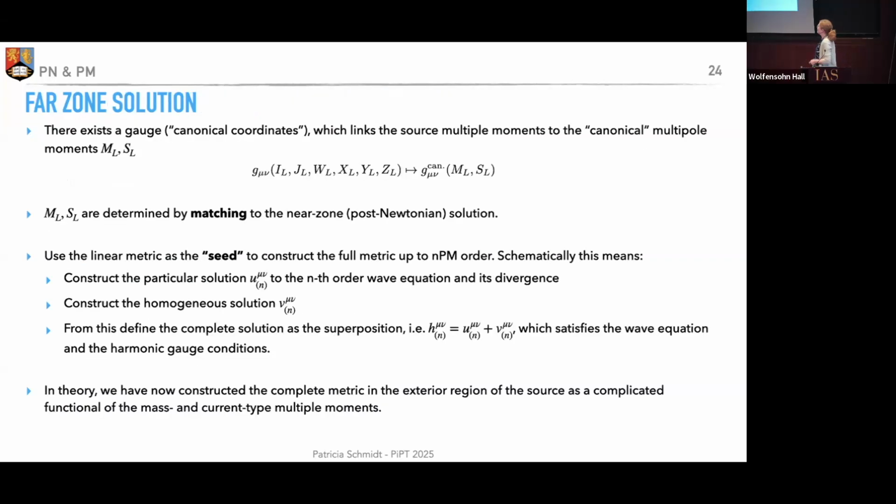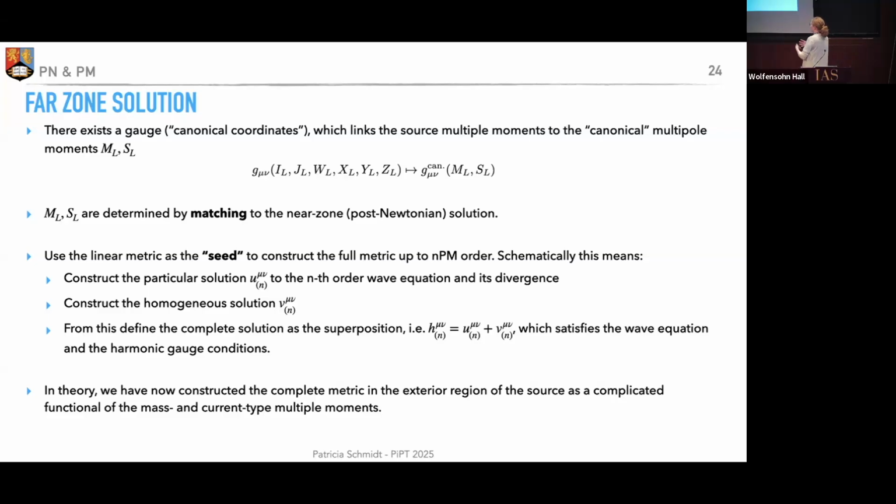Now, these are 6 functions which can be shown to be related to these source multipole moments, where I are the mass type ones and J are the current type ones. And then there's 4 other ones here, which turn out to be just gauge moments, which means you can gauge them away very nicely. And so it can be shown that you can transform this into a metric that only depends on two remaining multipole moments, and these are what's called the canonical moments.